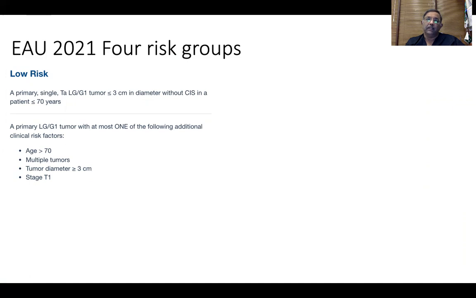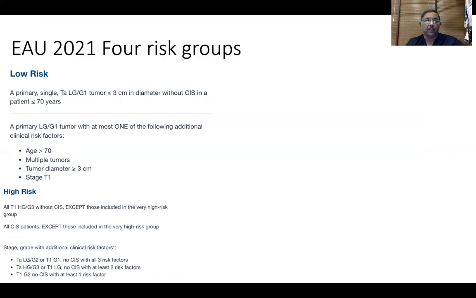For a primary low grade or G1 cancer with one of the additional clinical risk factors like age greater than 70, or multiple tumors, or tumor diameter of greater than 3 centimeters, stage T1 can also be considered as low risk, but they have to have only one of these categories.